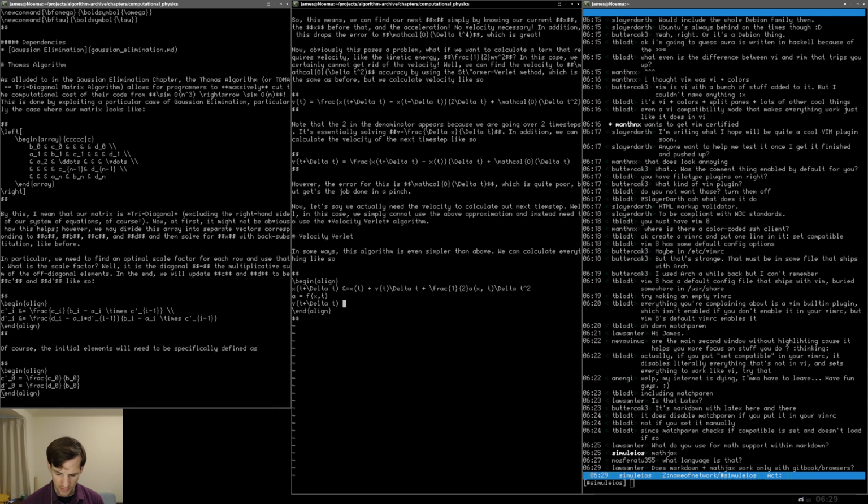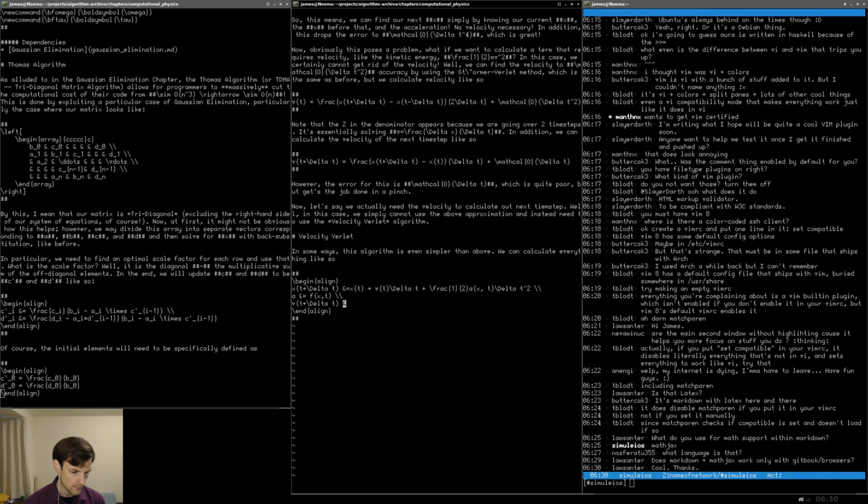So let me write this equation and then I'll check that. It's going to be equal to, well, let's put an ampersand here. And of course we're going to have to add in the end line here. Oh, there's 2 of them. Ampersand equals, we want v of t plus. Oh, okay, I see.